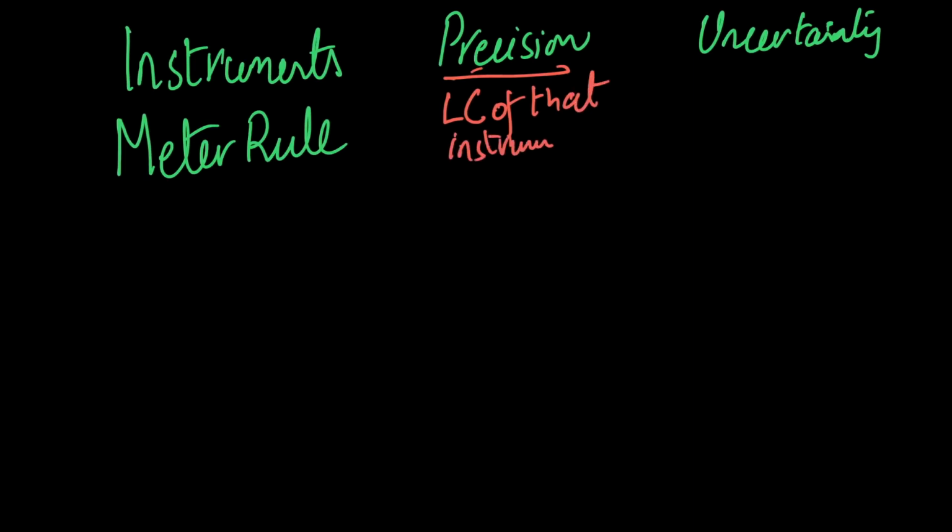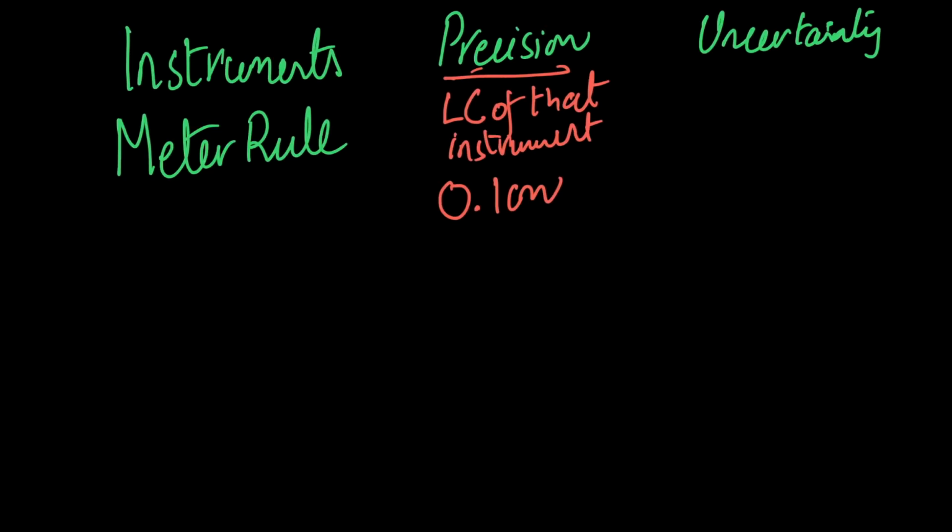So, for example, for a meter rule, if you want to look at what the least count is, you should simply have a look at the meter rule and say, well, meter rule ka sabse chota reading mujhe kya nazar aa raha hai? And your answer would be the smallest reading that you can see for a meter rule is 0.1 centimeters. Let's do precisions first, and then we'll head on to their uncertainties.